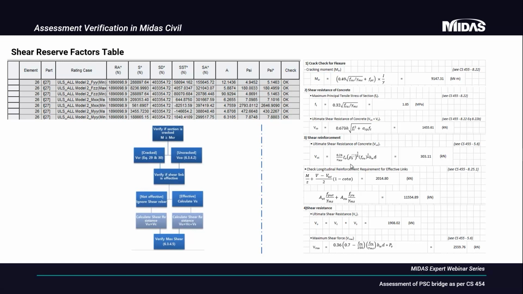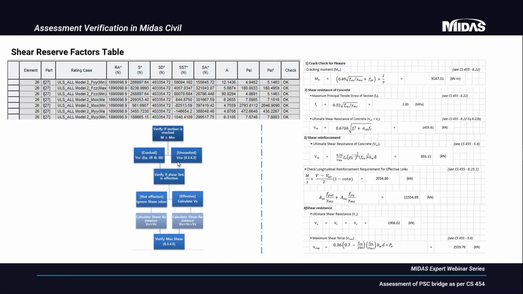First, for shear, the program checks if the section is cracked or uncracked for flexure. Based on that, the shear resistance of concrete is calculated, and it also verifies if the shear link is effective. If it is effective, then it will calculate Vs, and if it is not, then shear reinforcement will be ignored.